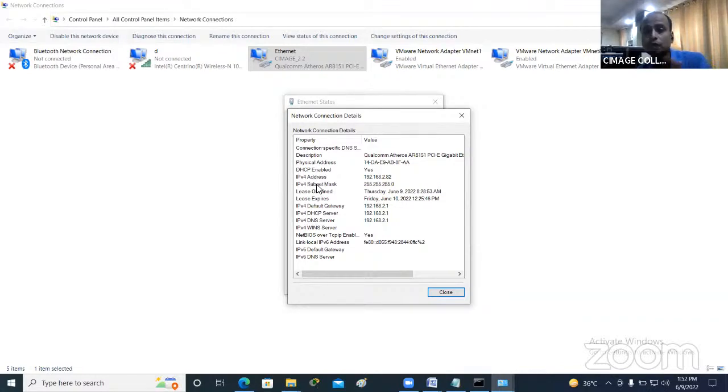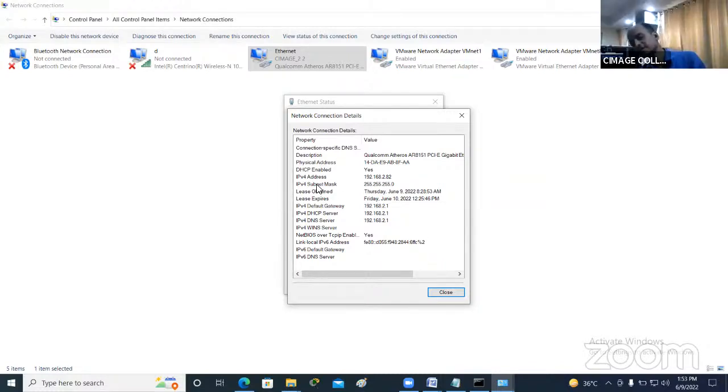My IP is 192.168.2.82, but I am able to ping my machine with 127.0.0.1. How is it possible? It is possible because this IP address is already available in my machine. So if I ping my machine with the 127.0.0.1 IP, it means I am doing loopback testing. Clear?